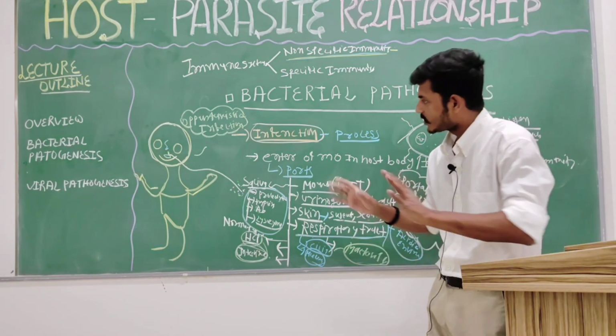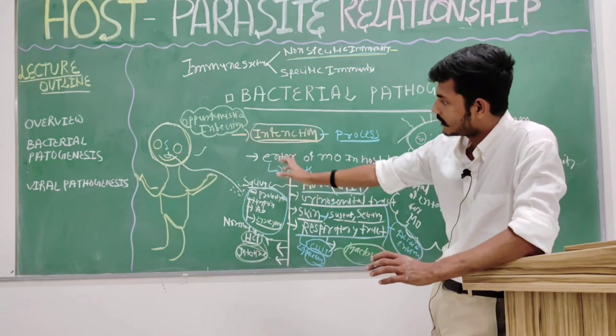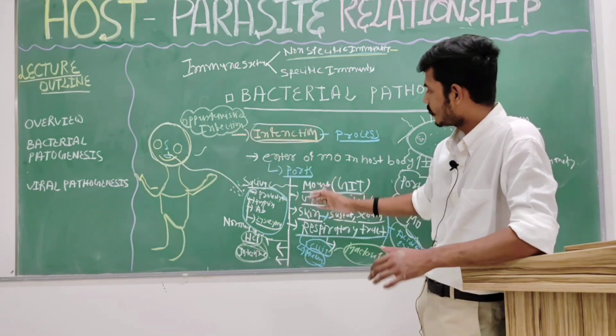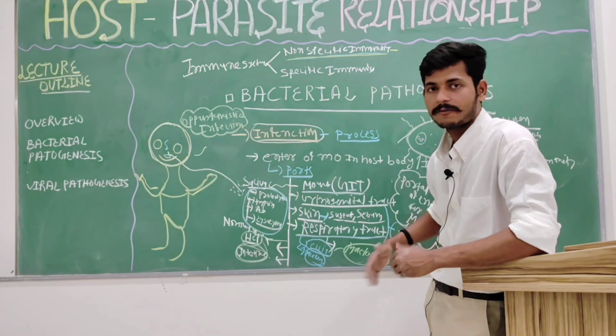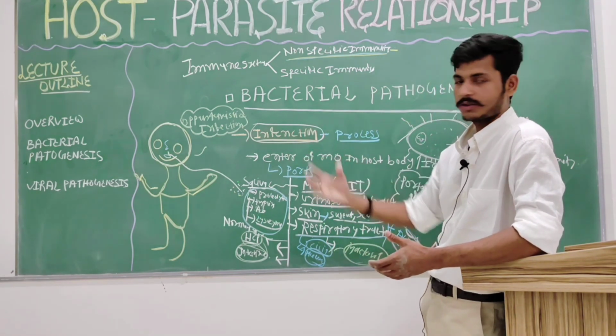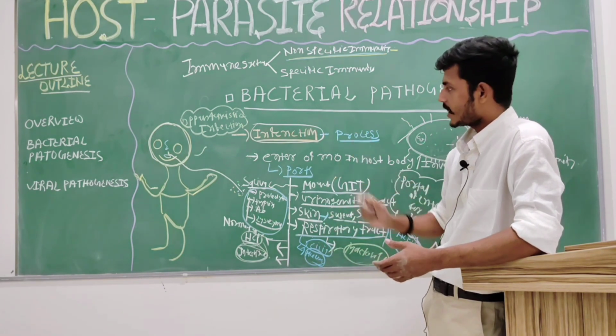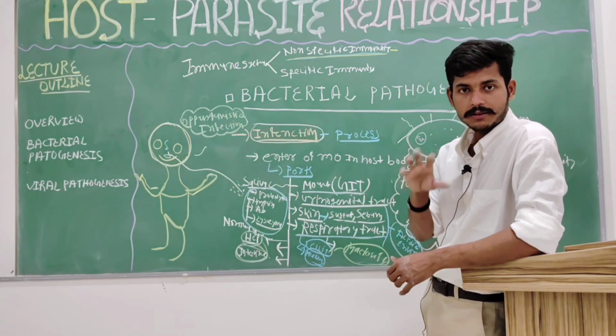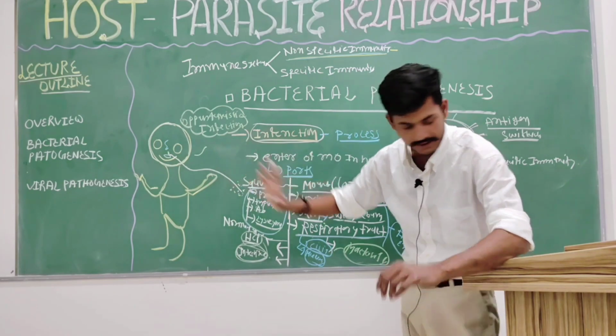Understood? Now suppose a person is immunocompromised, or the non-specific system failed to work and is not able to protect the host. Then the second step is adhesion. Now the microorganism has successfully entered the body.